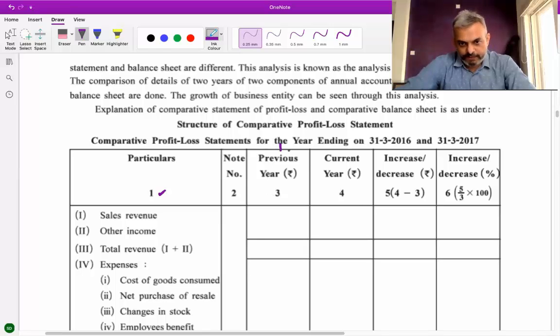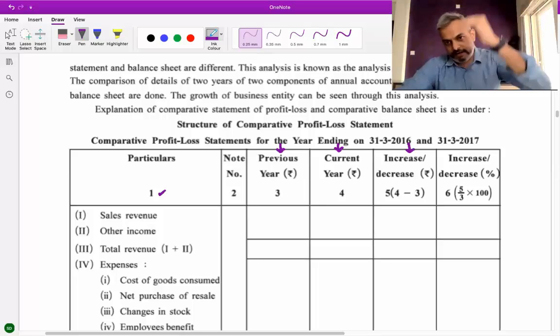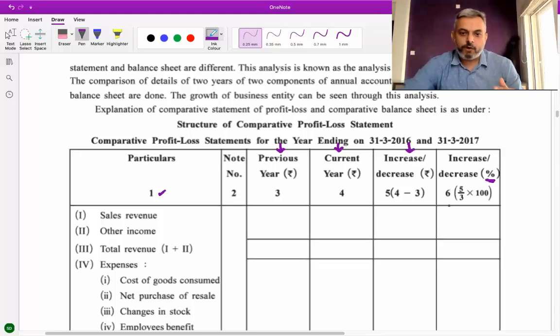First we have previous year, then current year, and then this additional column, increase or decrease. So previous year, current year, increase or decrease, and then percentage increase or decrease. In this way we will compare the results of current year with previous year, and we will see the data and do some analysis. I'll show you when we do the actual sum.